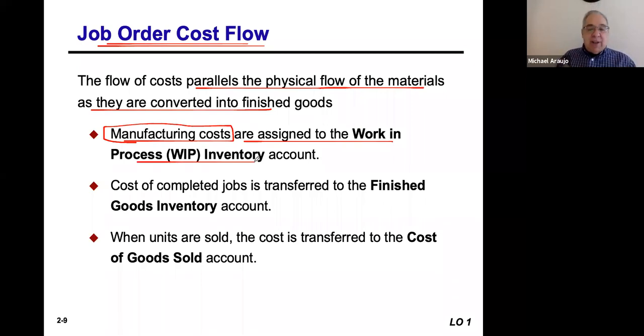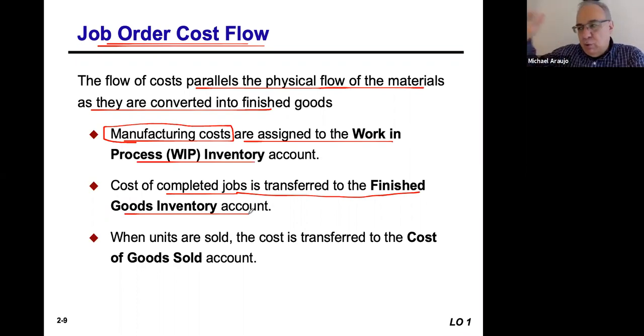Of course, these are work in process, so these products are being worked on. What happens when they're done being worked on? Well, then those jobs that are completed will go into the finished goods inventory account, because those are finished goods. They're ready to be sold to other businesses, to customers, right? So when those units are sold from the finished goods inventory account, now they can be transferred to cost of goods sold. So this flow is what you're going to be working on in this part of the chapter.